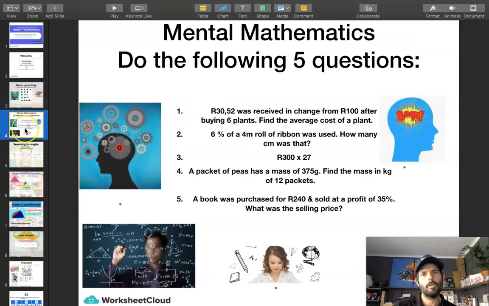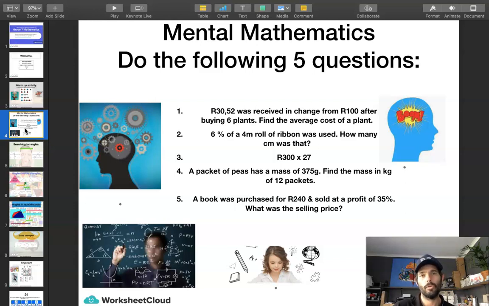For maths questions for today, some quite wordy ones. Question 1: 30 Rand 52 was received in change from 100 Rand after buying 6 plants. Find out the average cost of a plant. Question 2: 6% of a 4-meter roll of ribbon was used. How many centimeters was that? Question 3: 300 multiplied by 27.